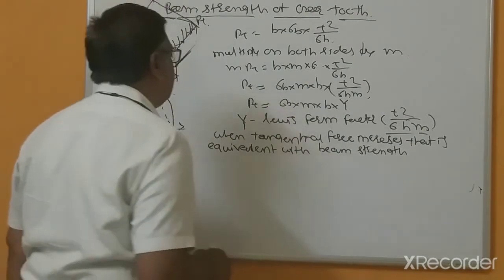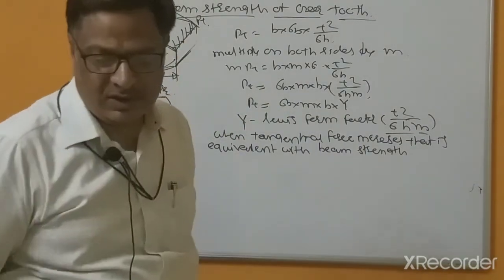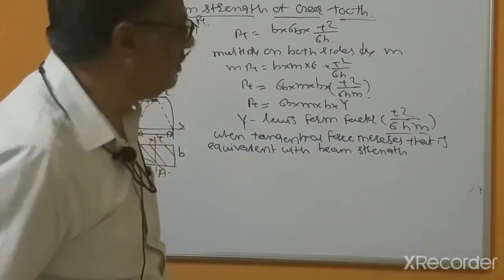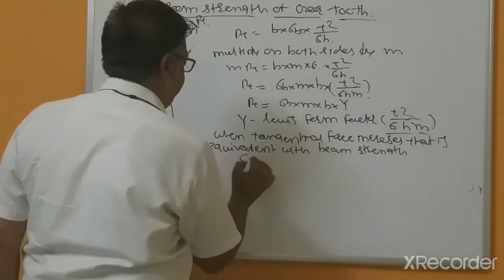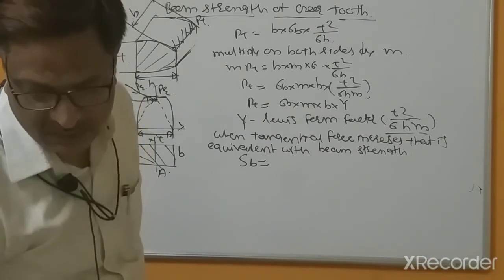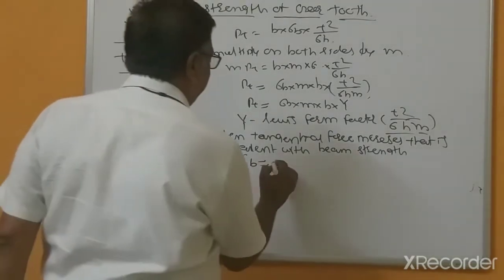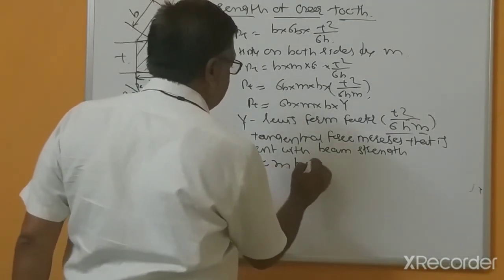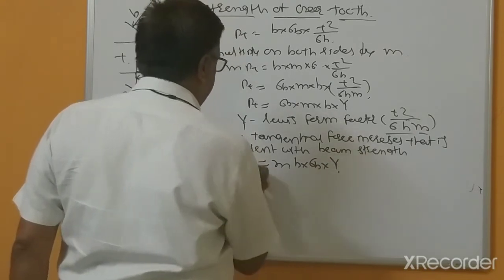That's why we can consider this: S_B equal to m into b into σ_B into the Lewis form factor.